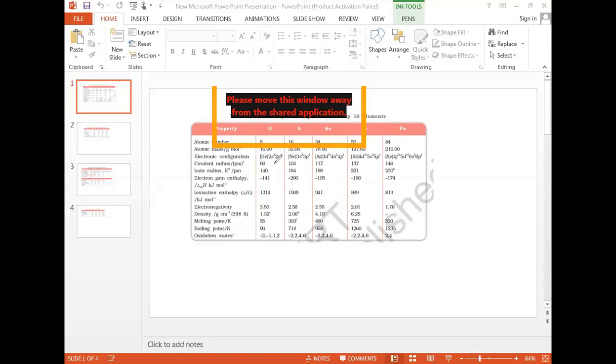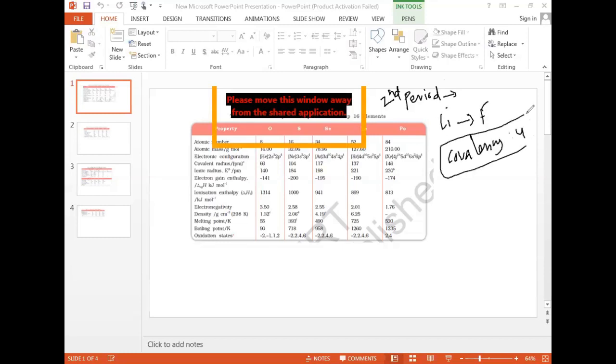What is the covalency of oxygen? Anybody? Covalency of second period elements is how much? The second period elements, which start from lithium till fluorine, have covalency 4, because in the second period we are going to fill the 2s and 2p.